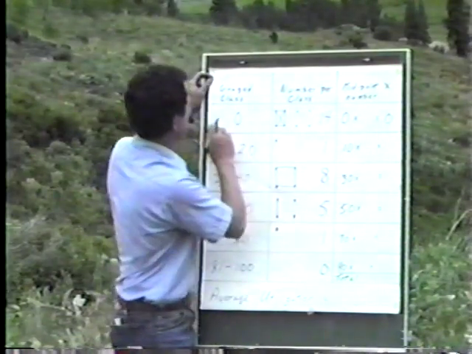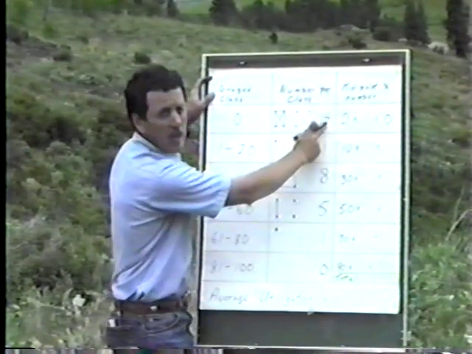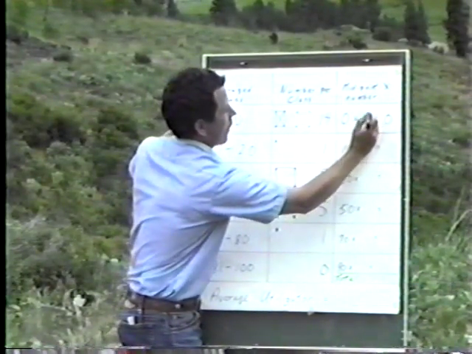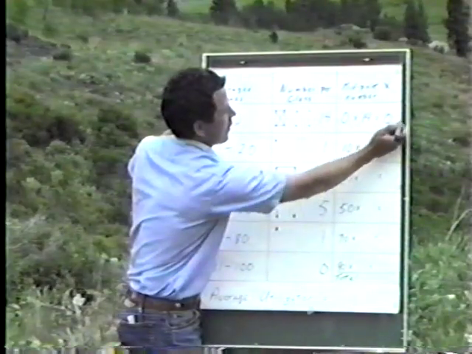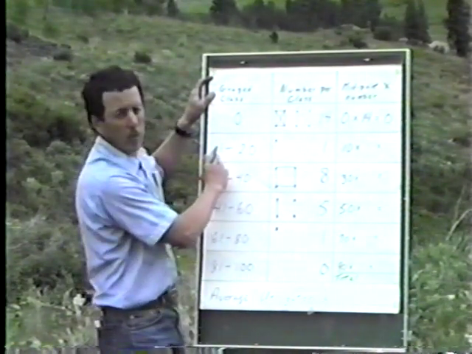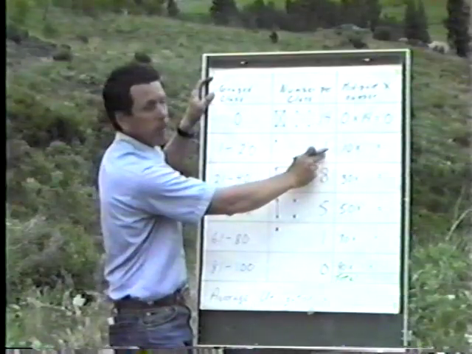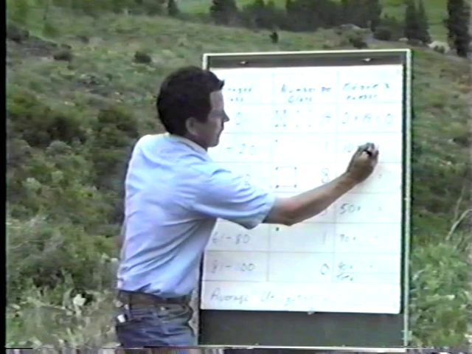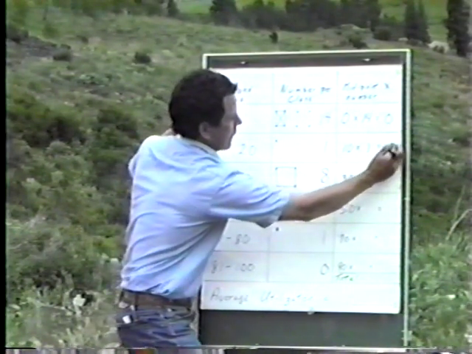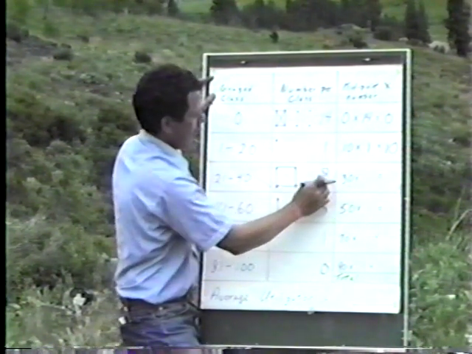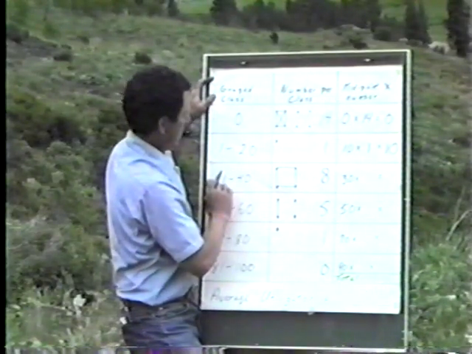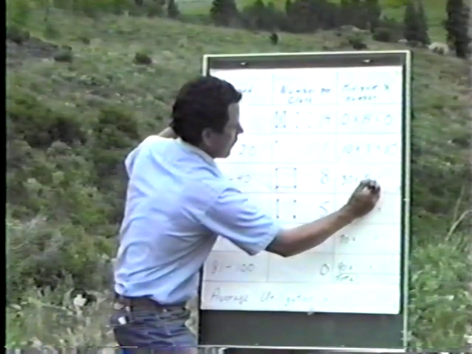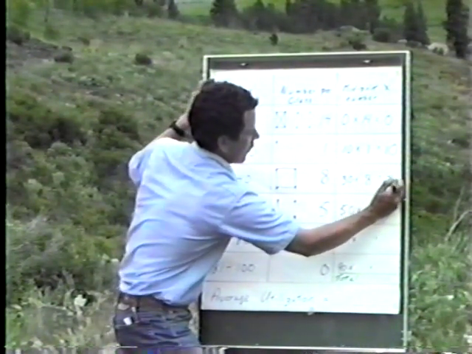So for 0, we take the midpoint of this class times the number in each class. So here's our midpoint times, here's how many we had in there, times 14 equals 0. Okay, in our 1 to 20 class, we only had one plant. So one plant times the midpoint of this class, 10. Our midpoint in this 20 to 40 class is 30. 30 times 8, 240.